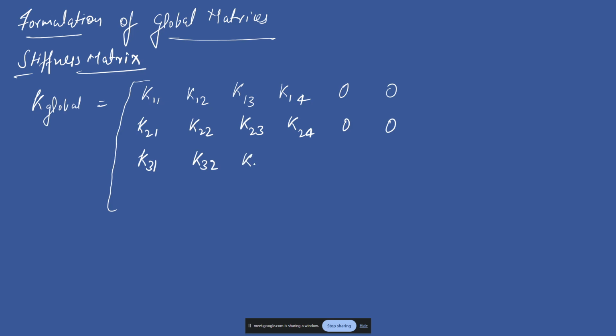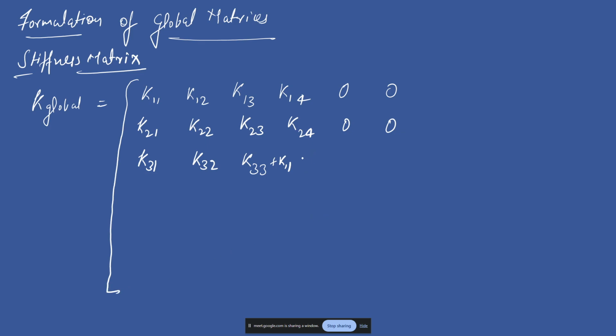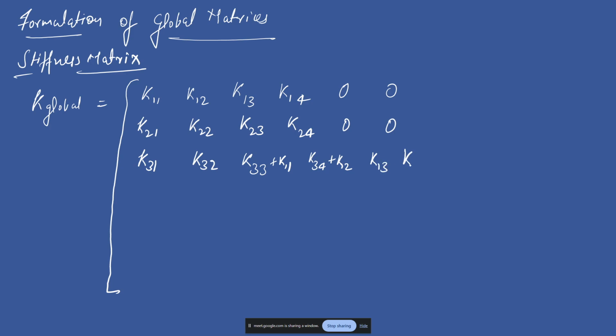Here we'll have K31, K32, then at this point you'll have K33 of the first matrix plus K11 of the second, and in a similar direction K34 plus K12, then K13 and K14.